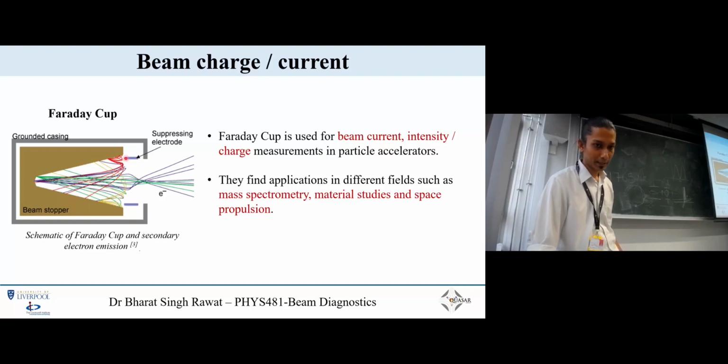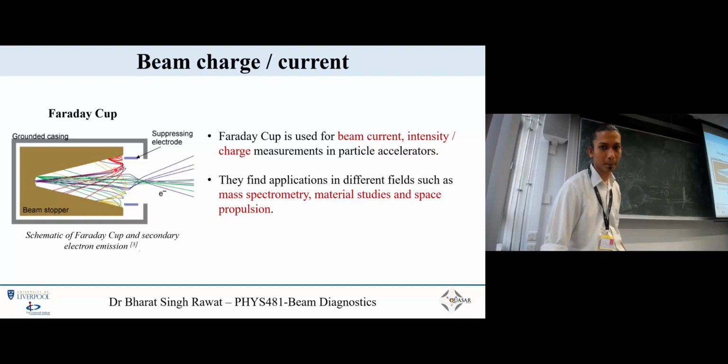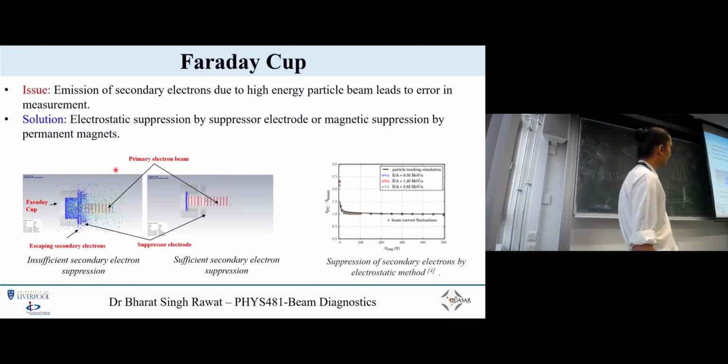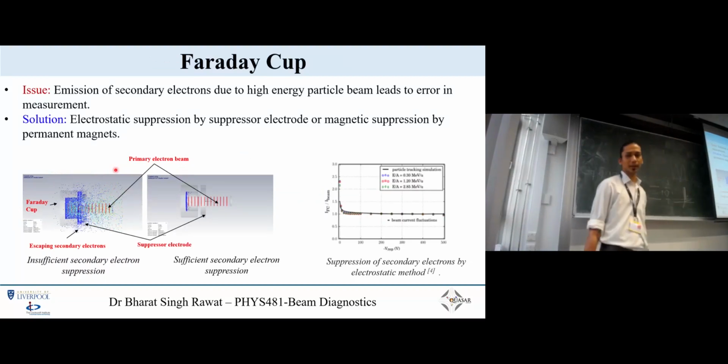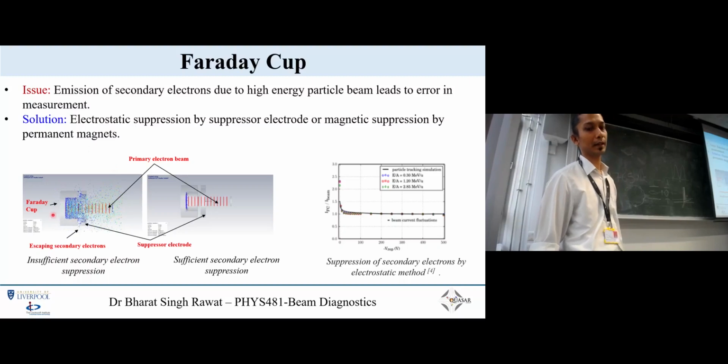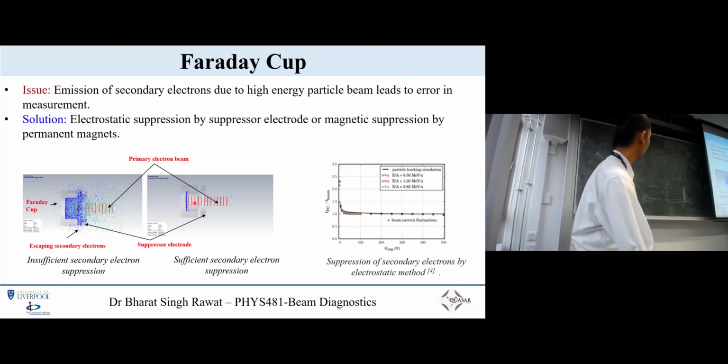But the challenge is confining these secondary electrons. So what is the issue? Here are two cases. The first case is the secondary electrons escaping the Faraday cup surface. And the second case in which they are not.